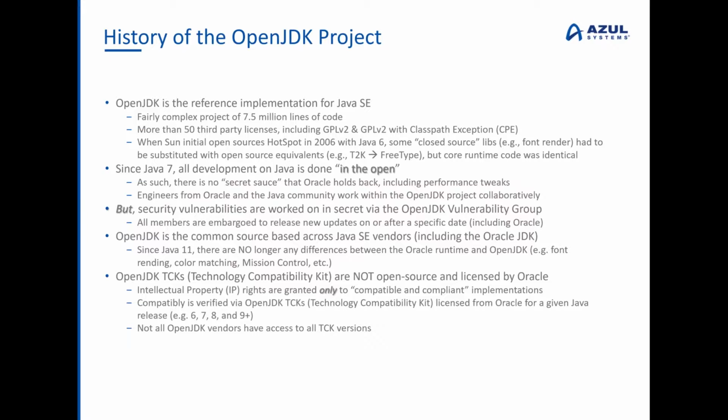Now, there is an important difference here between when we talk about the licensing of OpenJDK and the 50 different licenses that govern it, and a very important subtlety around what happens once a vendor builds a version of OpenJDK.